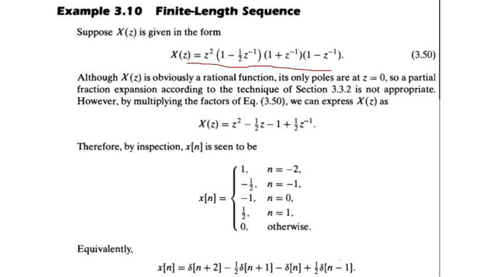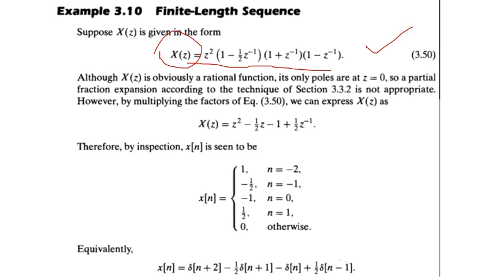This function has poles at only 0 because if you put z equal to 0, X(z) goes to infinity. Because this is a finite length sequence, we do not have any denominator, so we cannot apply partial fraction here.